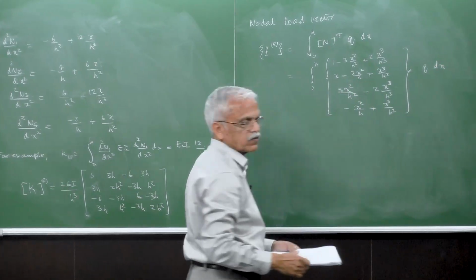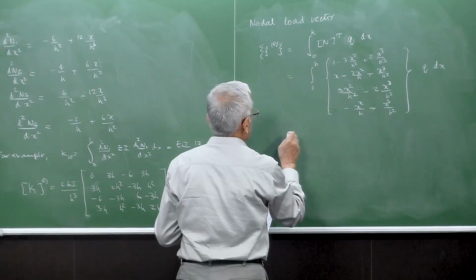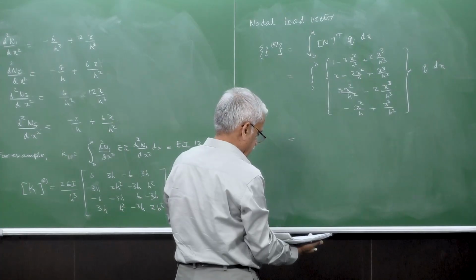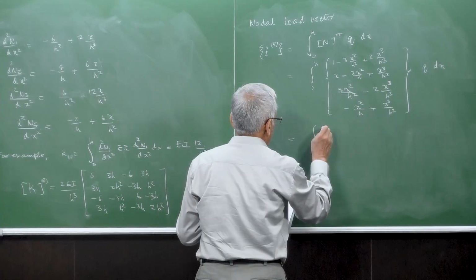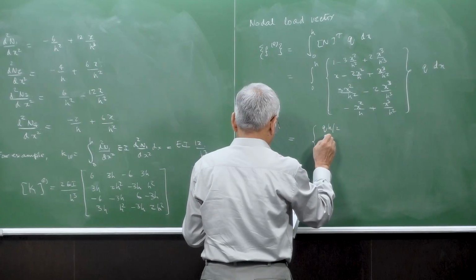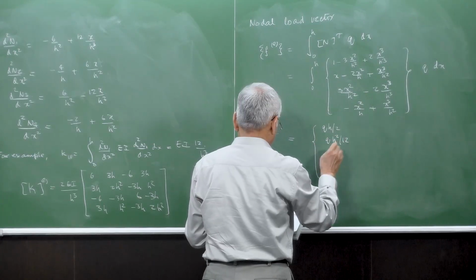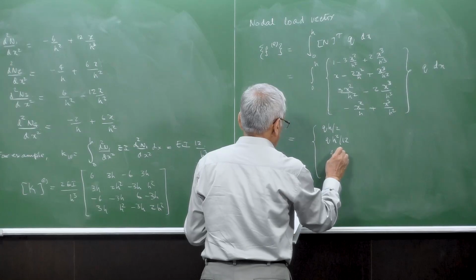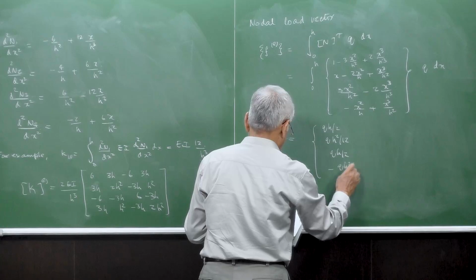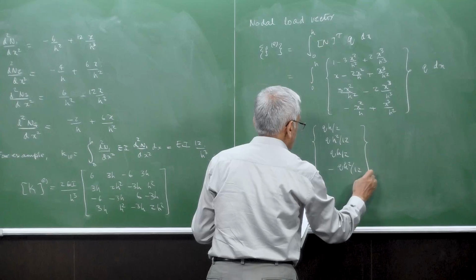So assuming that Q is equal to constant over the element, we can take Q out and then do the integration. So we will get QH by 2, QH squared by 12, okay.